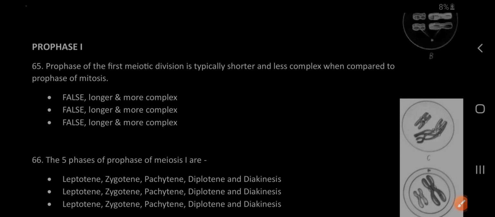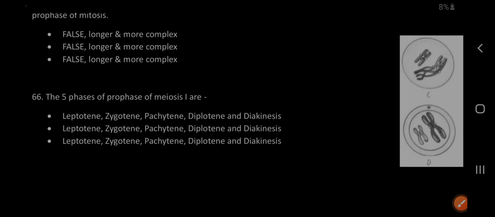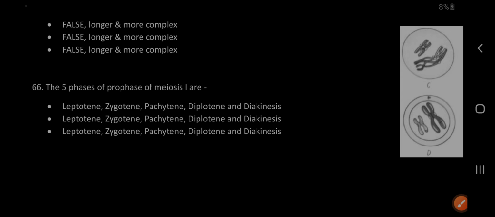Prophase of the first meiotic division is typically shorter and less complex when compared to prophase of mitosis. False, longer and more complex. The 5 phases of prophase of meiosis 1 are leptotene, zygotene, pachytene, diplotene, diakinesis.